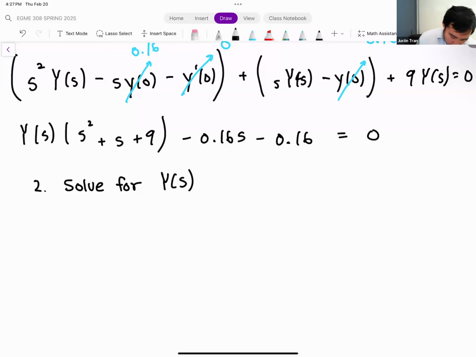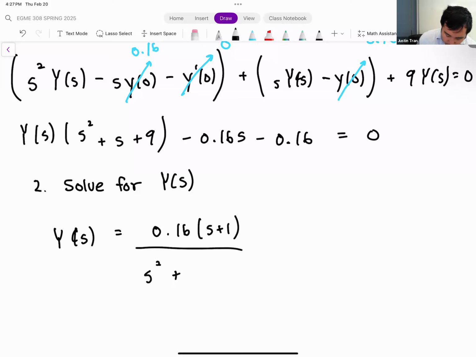Doing so, we get Y of s is equal to, factoring out 0.16, 0.16 times s plus 1 divided by s squared plus s plus 9. I combined a couple algebraic steps into one for that.